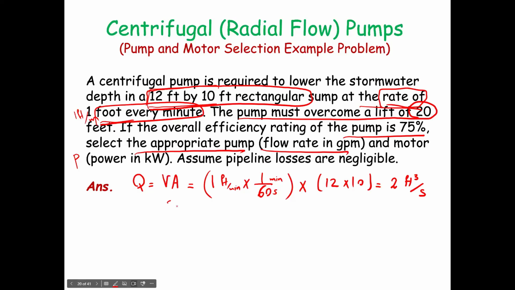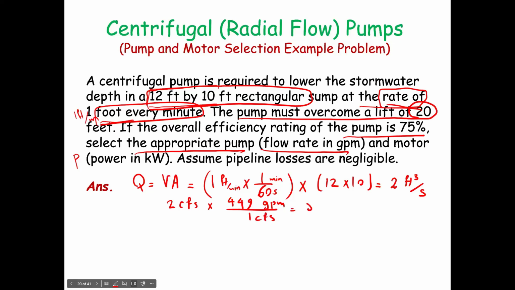If I want to change CFS, which means cubic feet per second, to gallon per minute, that's the unit. If I'm right, it's 449 gallon per minute divided by 1 CFS.